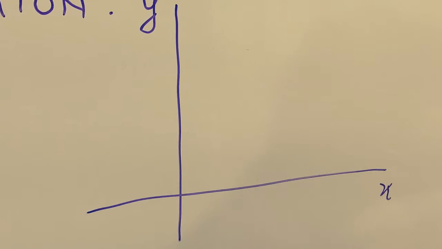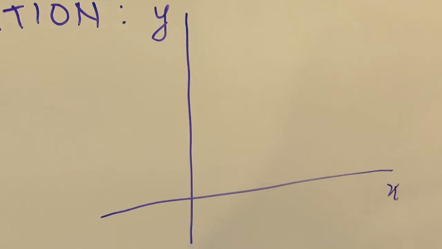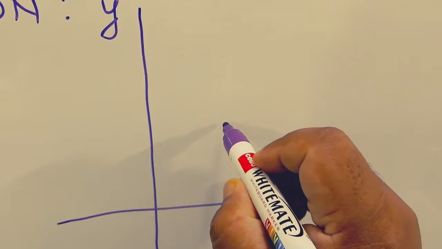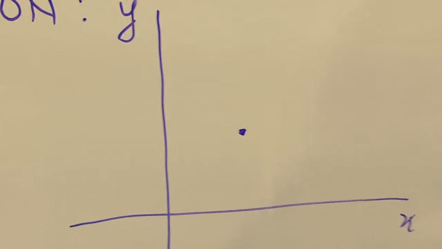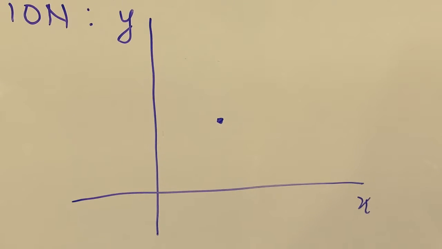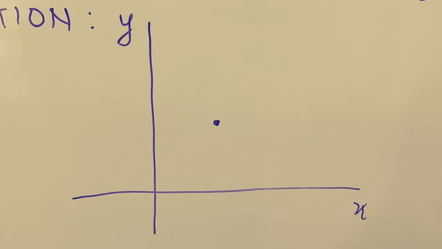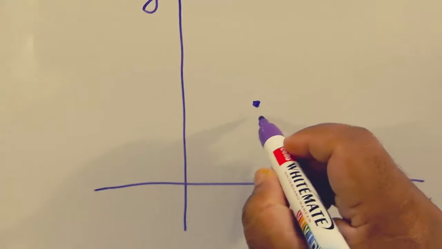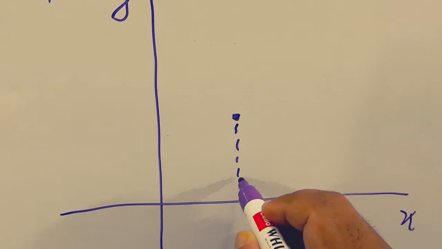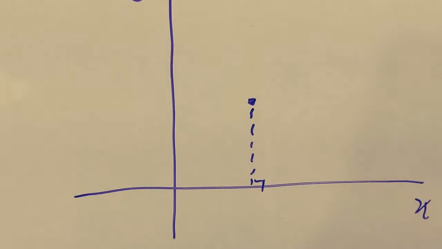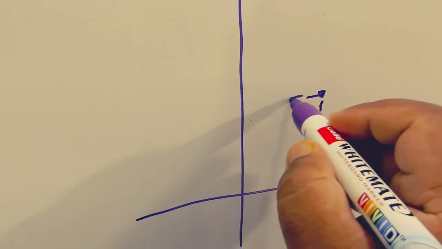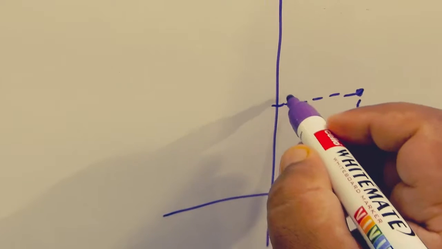To define a position relative to this frame of reference, let's say the point is anywhere here. So what is its position relative to the x-axis and the y-axis? We draw a perpendicular from here to the x-axis and a perpendicular to the y-axis.